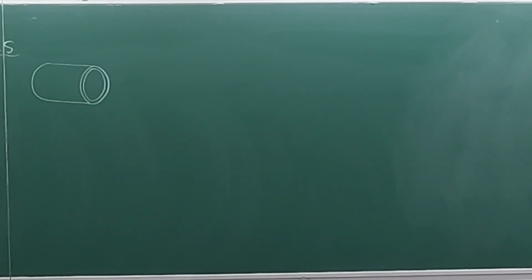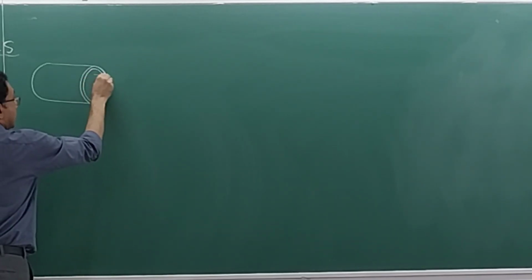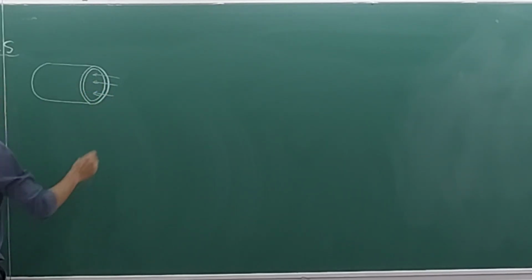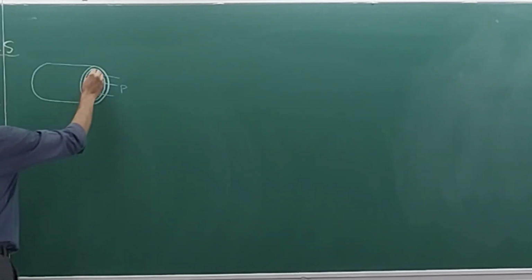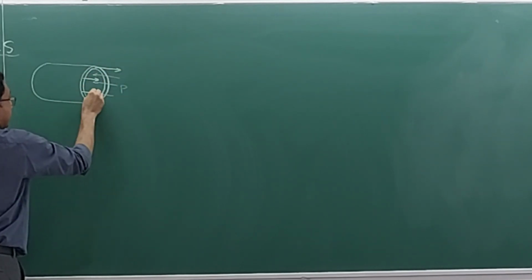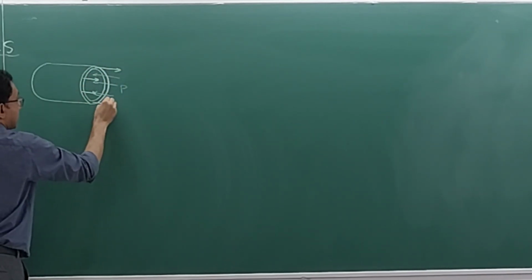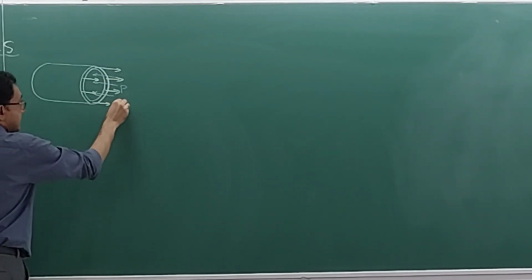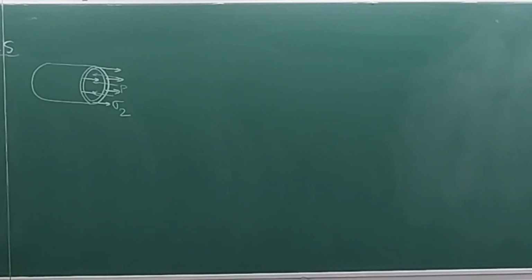Again, we'll have this fluid pressure, this is the P. And on that ring that is visible, we are going to get some stress. This we will call sigma 2. And again, we are going to do the force balance.